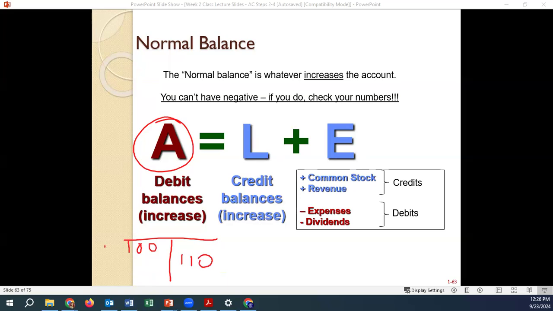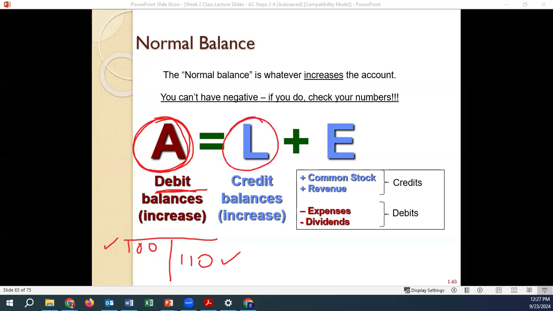If I had $100 positive cash and then spent 110, is that even possible? No, I wouldn't even have $110 to spend. That's not possible. You can't have negative cash. Either you have it or you don't, but you can't have negative cash. Therefore, if you have an asset with a negative number that's not a debit, that means you did something wrong. You have to go back and check your work.